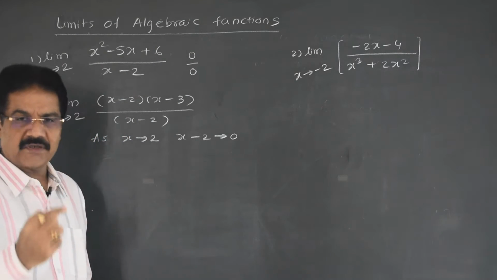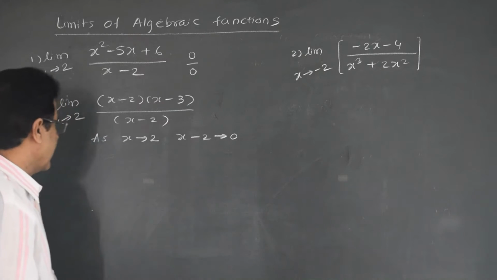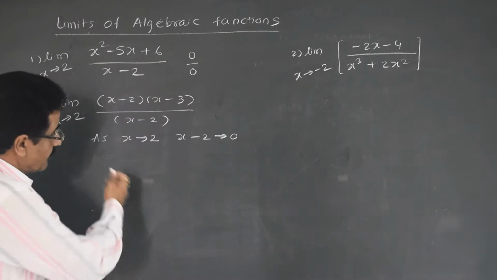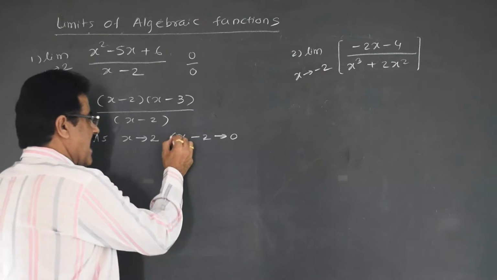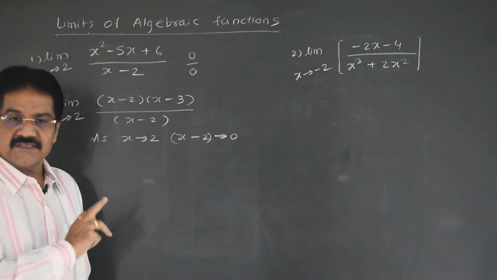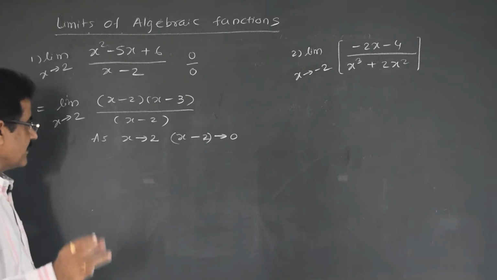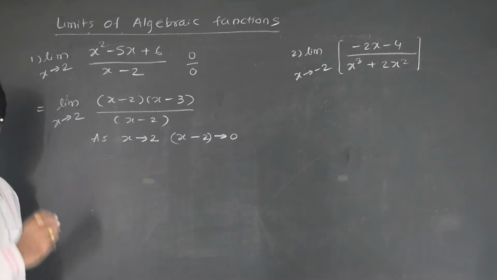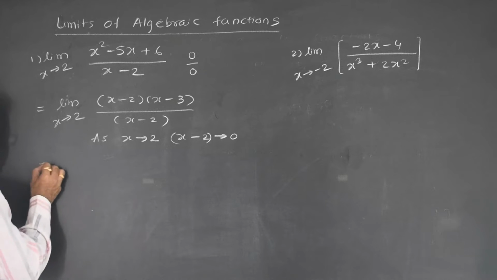This is a very important concept that you have to remember, and whenever you write in your final examination, you are supposed to write this step: as x tends to 2, x minus 2 is tending to 0, means it's not exactly equal to 0. In other words, these two brackets are non-zero terms, and that's why we can go for cancellation.